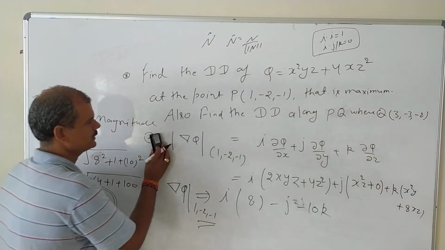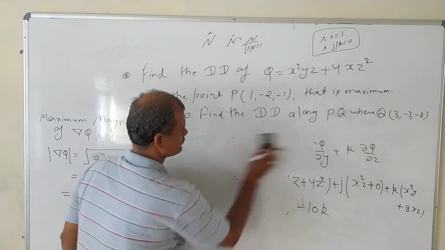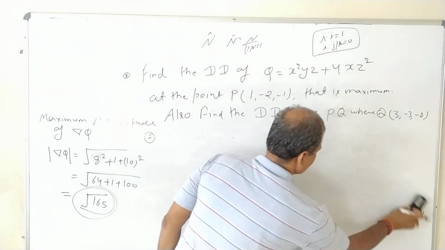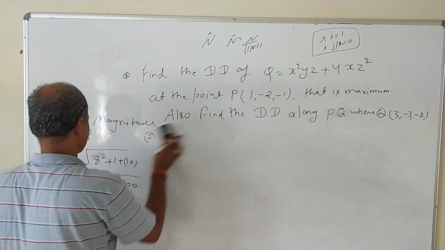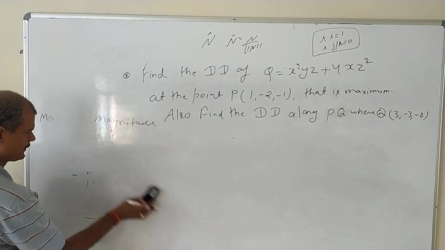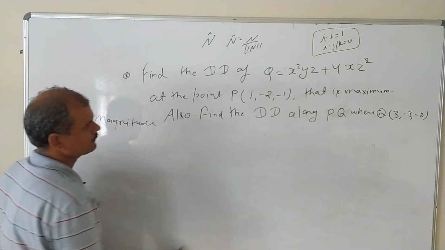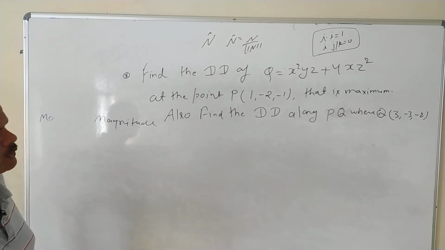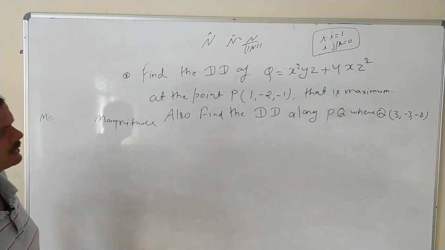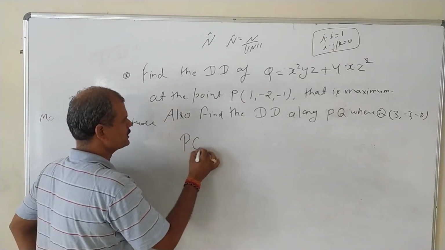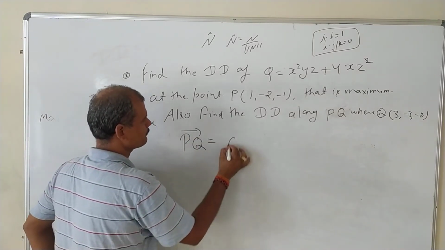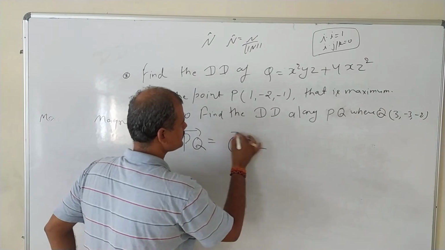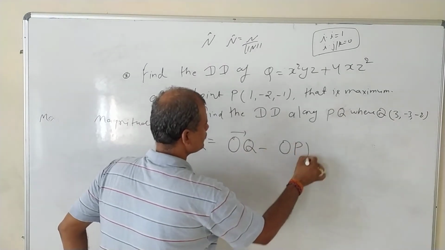Fine. Now the next part we have: find the directional derivative along PQ, where Q is given (3, -3, -2). So we need to find PQ. So PQ will be OQ minus OP.